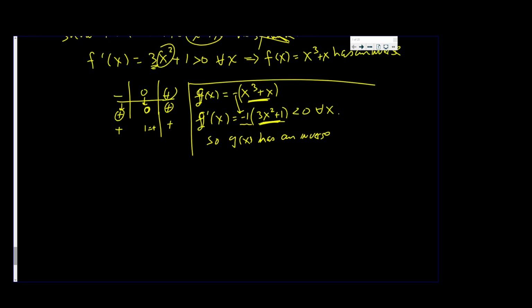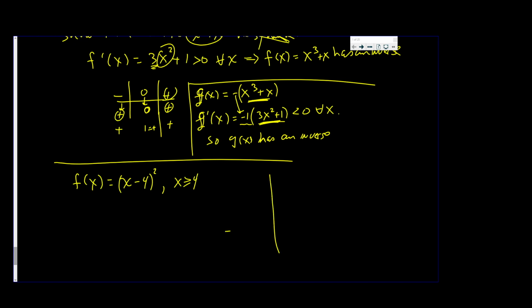It's going to have a restricted domain. Suppose that f of x is equal to x minus 4 squared, but x is never less than 4. Well, this is just an x squared where the vertex is at 4. Forget this for a moment.